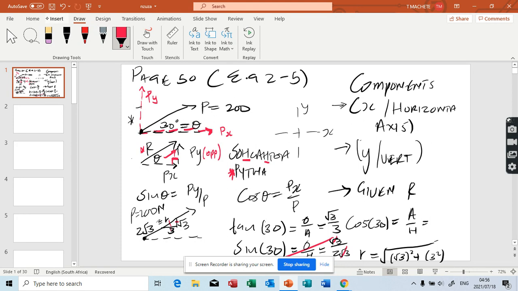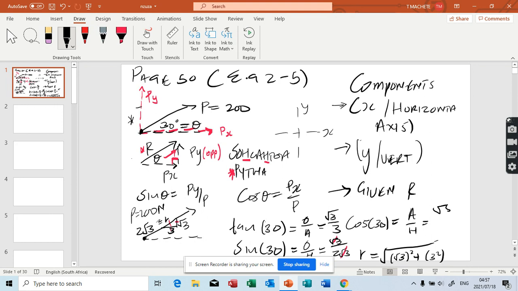I'm just showing you that sine 30, instead of writing sine theta, you can write 1 over 2. You'll see the applications when we get there. Let me just finish up the introduction. Then you say cos 30, it's root 3 over 2.